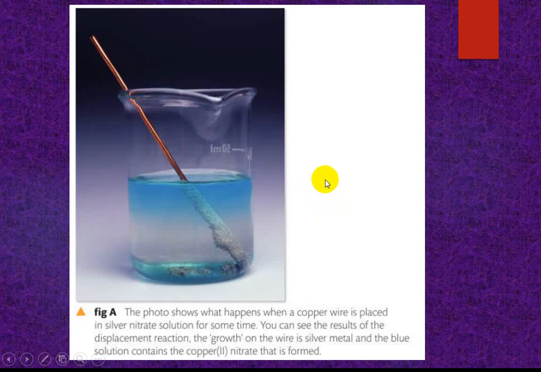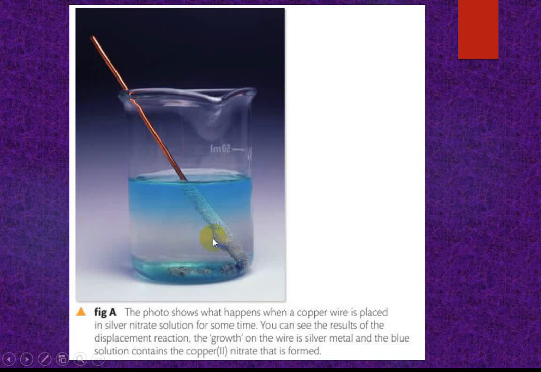Here was a silver nitrate solution. When copper is added, the solution becomes blue. A blue solution is formed. What happened here? Silver nitrate solution.